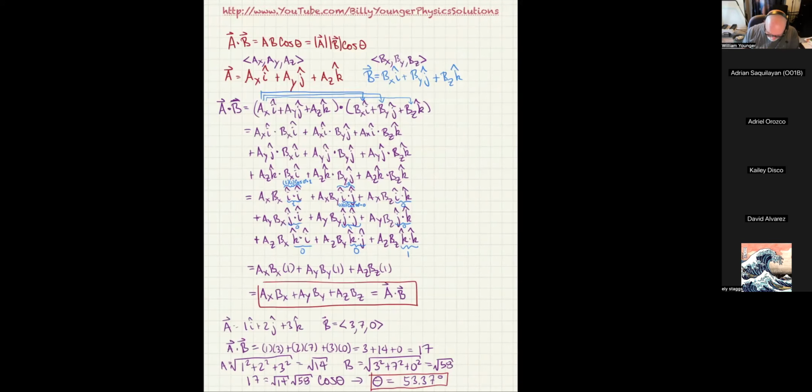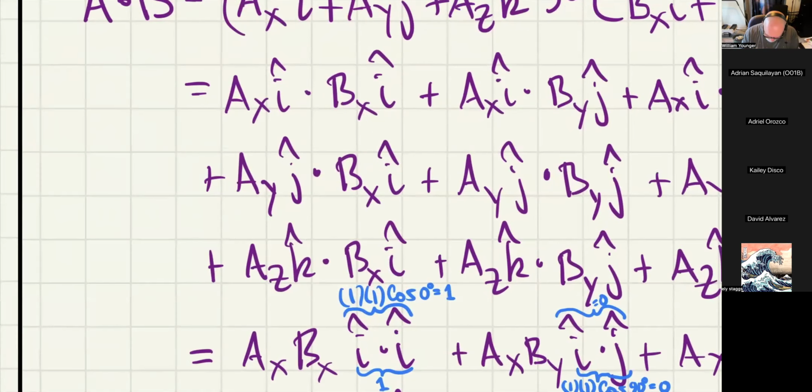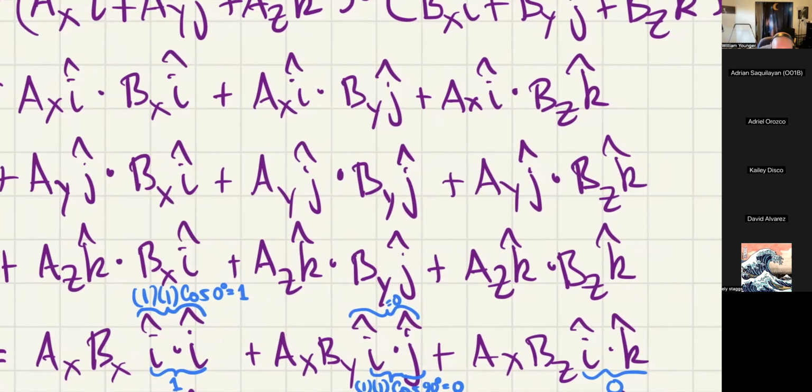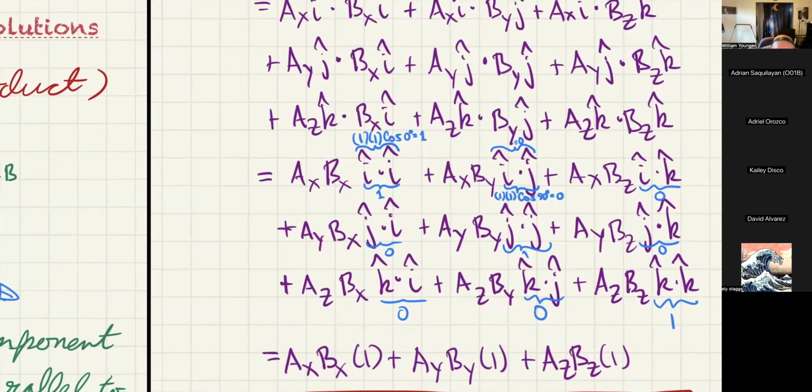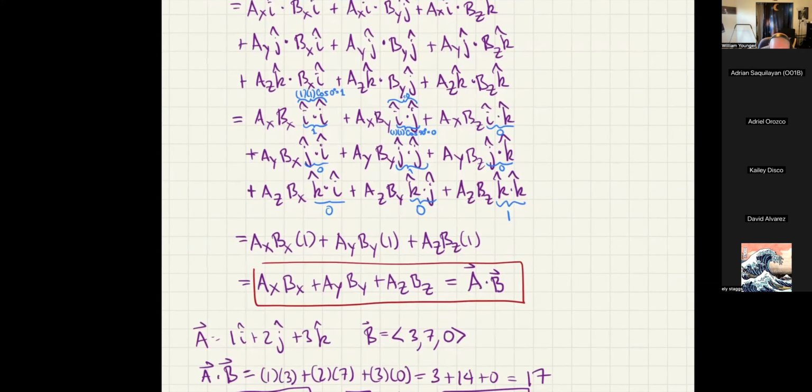In calculating the dot product, this is the actual process, and you can see in this actual process that we're calculating it with the I hat for the AX and with the I hat for the BX, and with the I hat for the AX and the J hat with the BY and all that good stuff. And then we use the linearity of the dot product to get AX BX times I hat dot I hat.